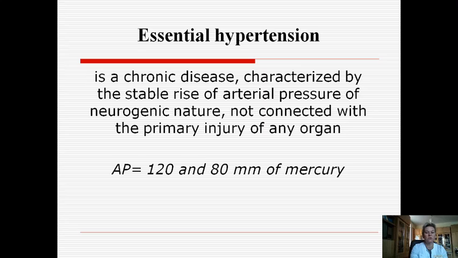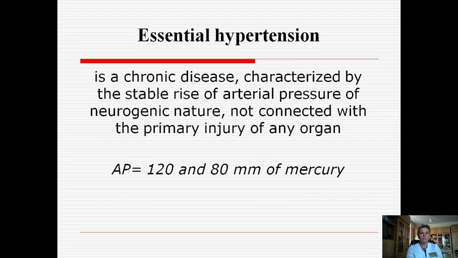If some organs are affected, for example kidneys, many diseases in the kidneys can lead to renal hypertension, or if an endocrine organ or brain is affected, we can see cerebral hypertension, or as a result of a tumor in the adrenal glands, we can see secondary hypertension. Essential hypertension means only neurogenic etiology without those organs being affected.